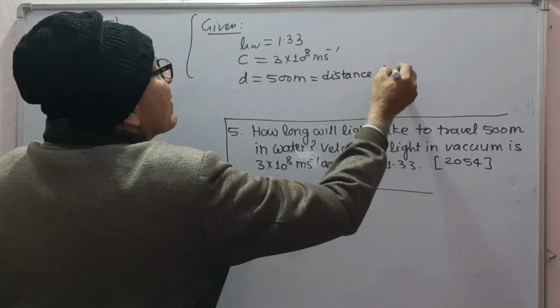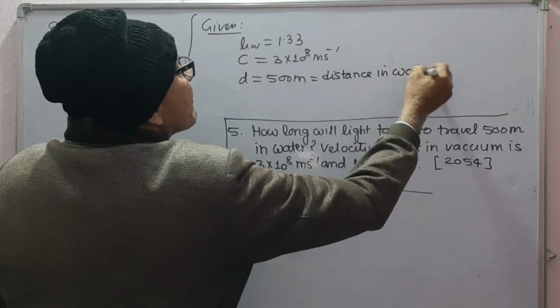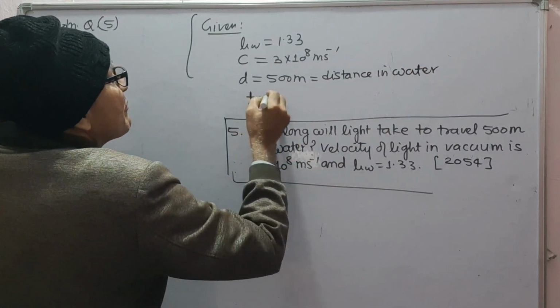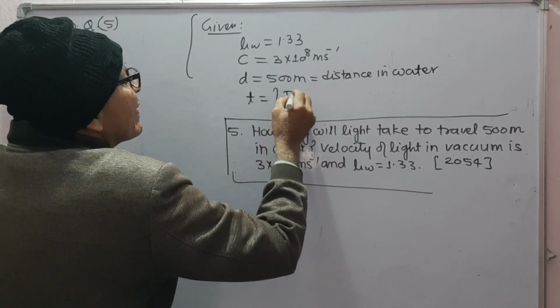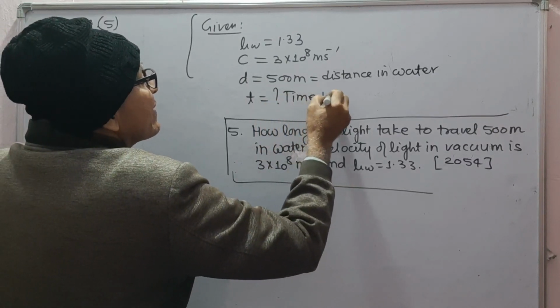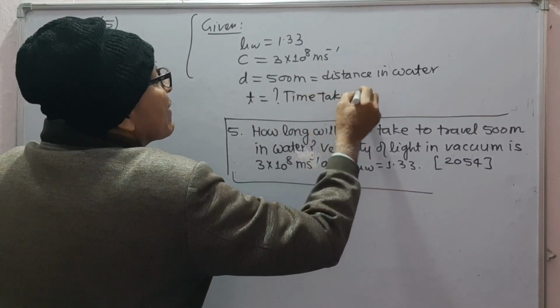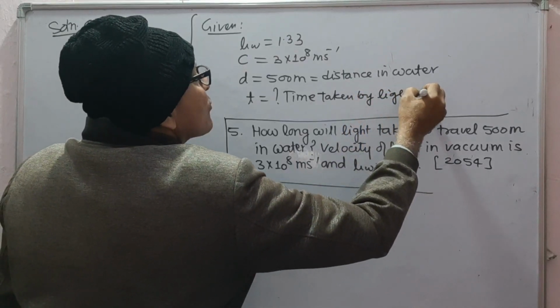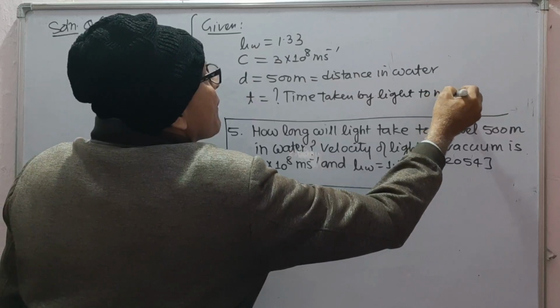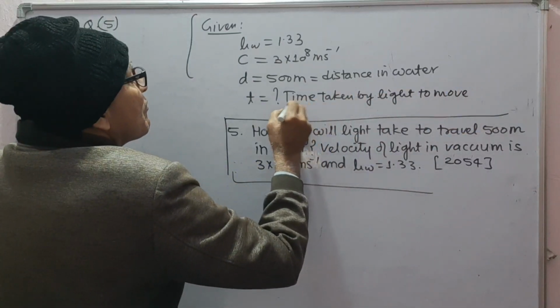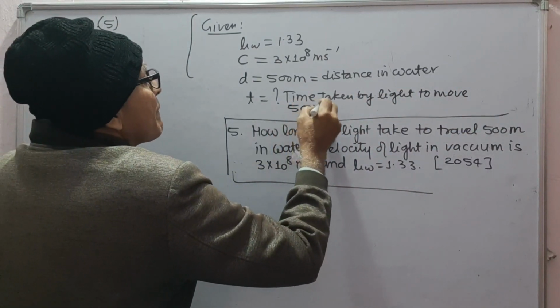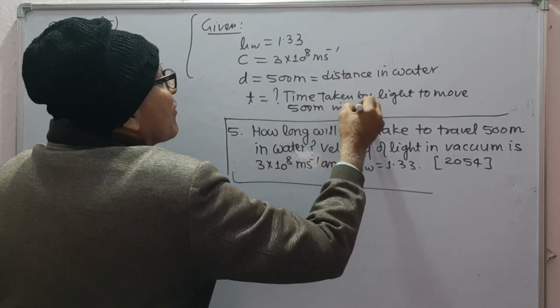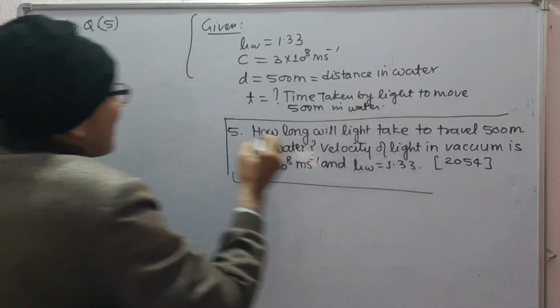Distance in water. We have to find time taken by light to move 500 meter in water.